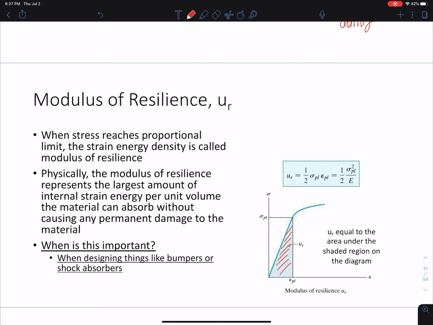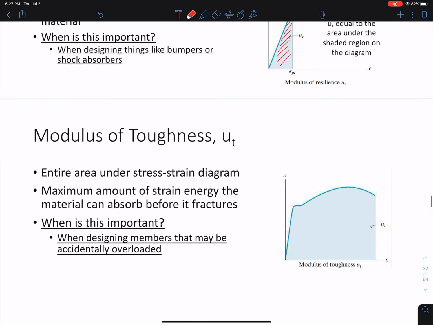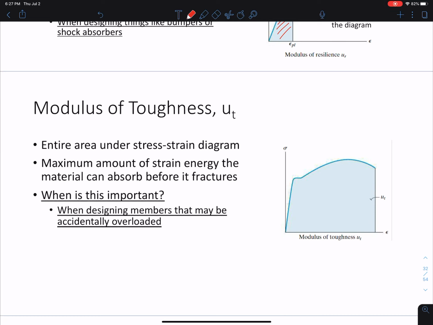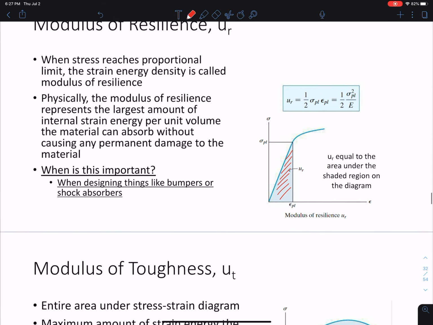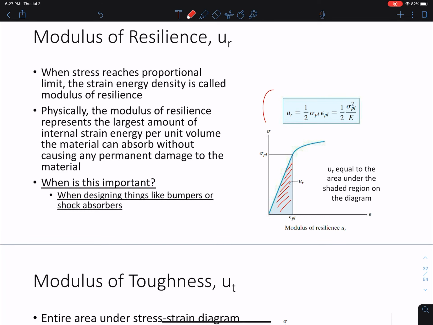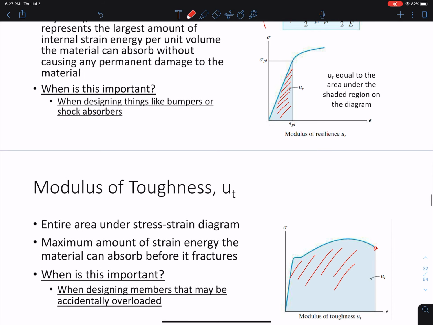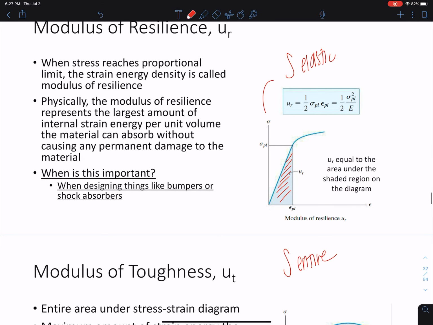Okay. The other modulus we have is modulus of toughness. So this is the maximum amount of strain energy. So you're going to take the area under the curve or the integral all the way up to this failure point. So of the entire diagram. This is only the elastic portion. It's the integral for elastic. This is the integral of the entire region. Okay?